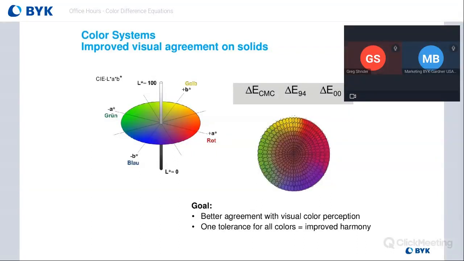Then I would look at either horizon light or incandescent, because that'll be the extreme case for you. So again, those illuminants can be selected on an instrument or in the software package, depending upon what you're using.